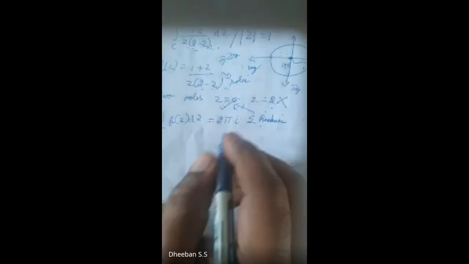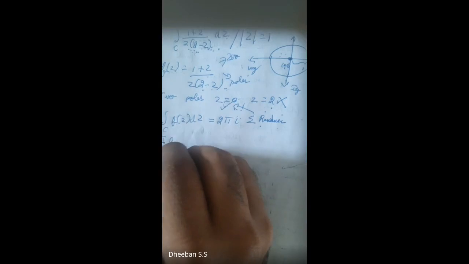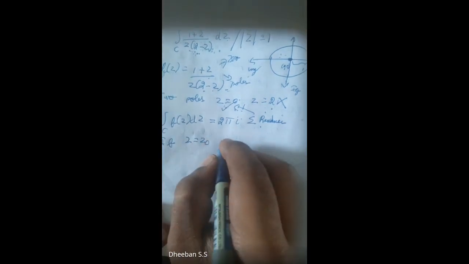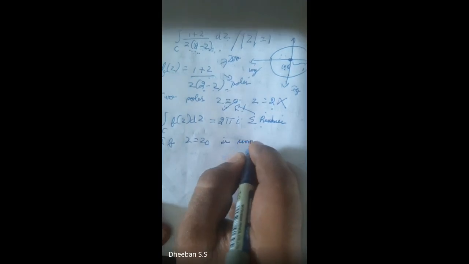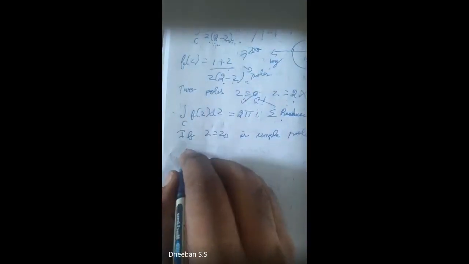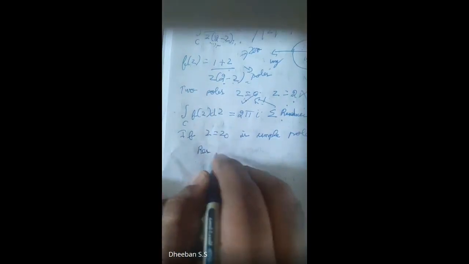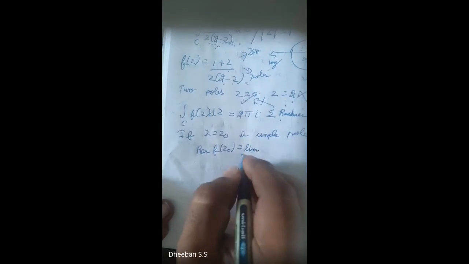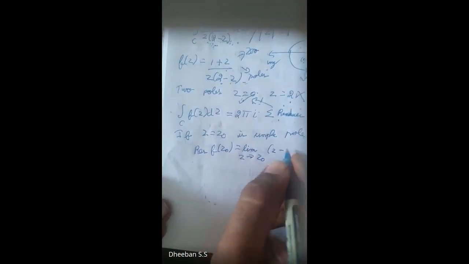Let me rewrite the formula. z equal to z naught is a simple pole. So the residue of f at z naught will be equal to the limit as z tends to z naught of z minus z naught into f of z.